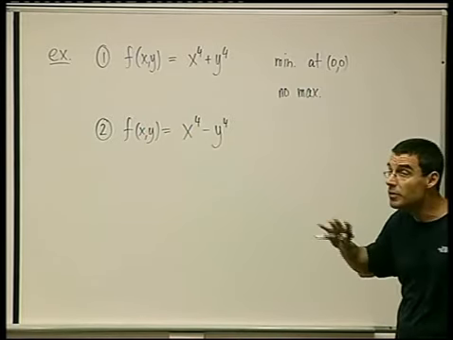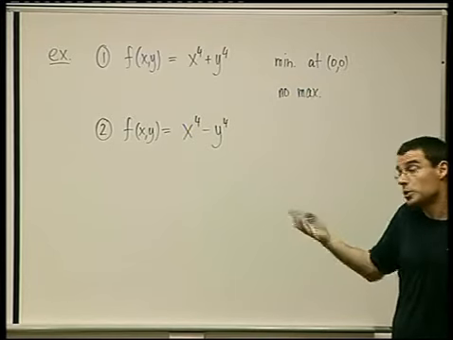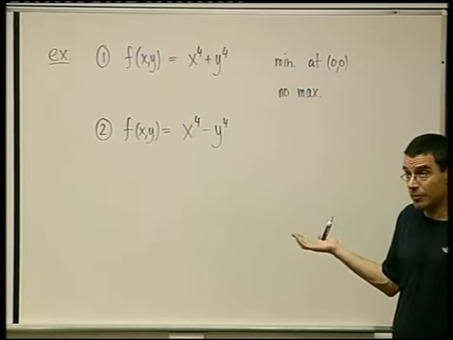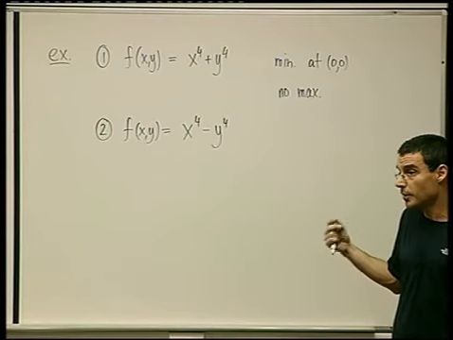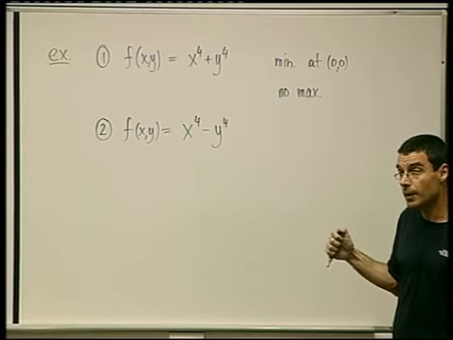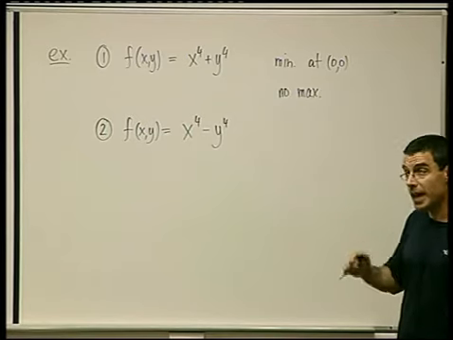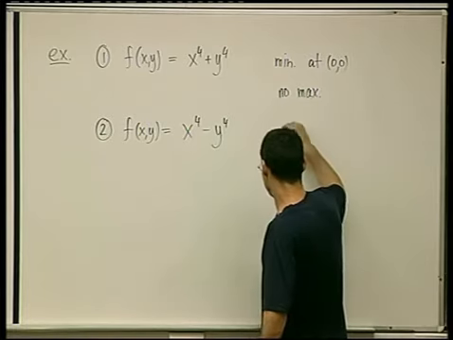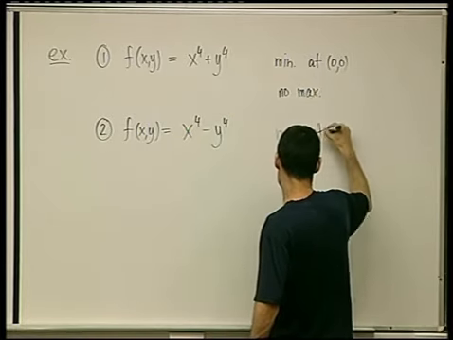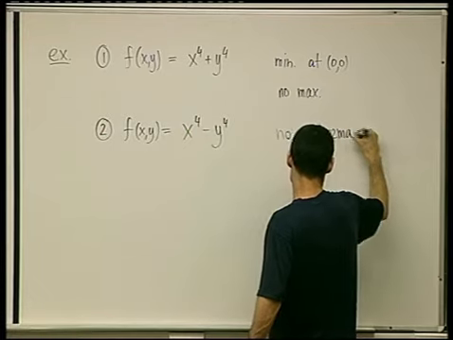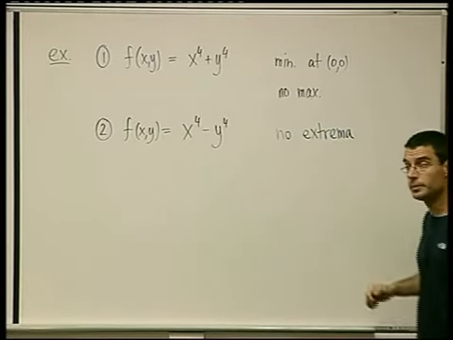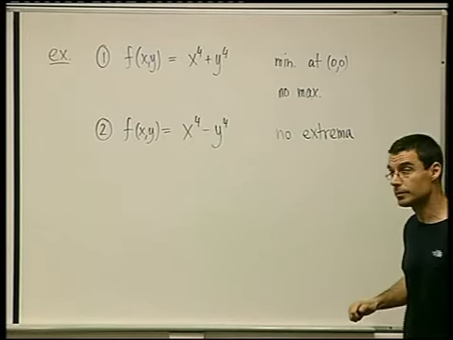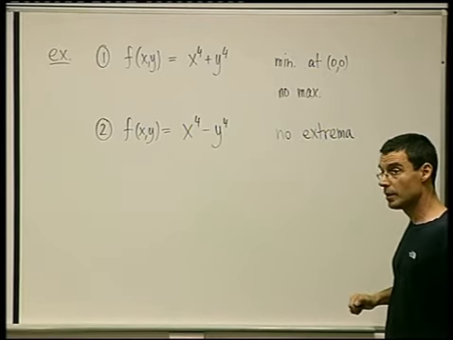It's only in very, very special cases where you can actually draw or imagine graphs. Okay? You're right. It doesn't have any extrema, no extrema. Why? What's the reason? To make x as big as you want, but making y as small as you want.